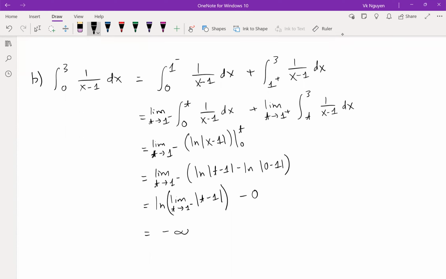So we have negative infinity, which is not a real number. One side diverges. If one side diverges, then the entire integral diverges.